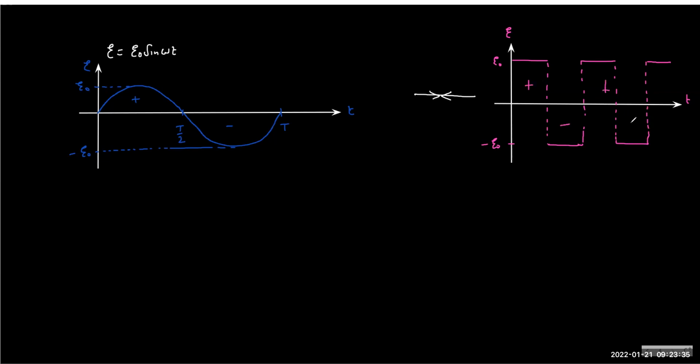Plus minus and so on. Because the EMF is switching plus minus, this is again AC. So first of all, you need to remember that AC has nothing to do with the sine curve. Any shape in which we have the oscillation, the reversal of direction, we call AC.